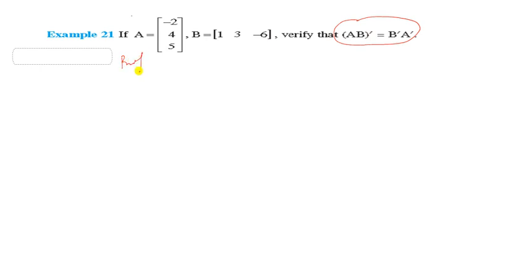Your A is minus 2, I can write like this, A is equal to minus 2, 4 and 5, and the order is 3 cross 1. B is equal to 1, 3 and minus 6, and the order is 1 cross 3.